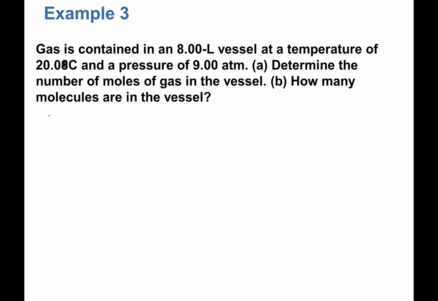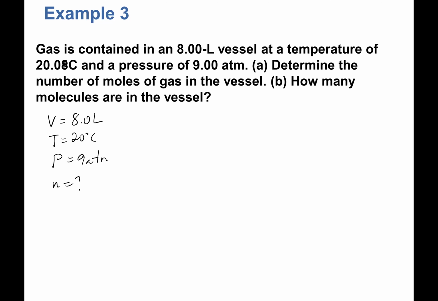All right, so again, what we're given here: volume, 8 liters; temperature, 20 degrees Celsius; and pressure, 9 atm. What we want to find is the number of moles for part A. So what is n, the number of moles?